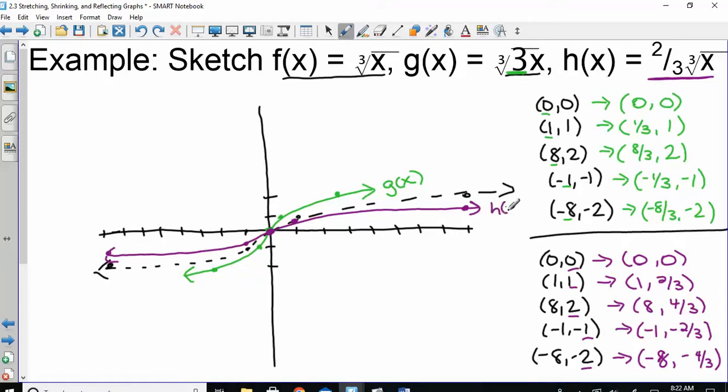So this one was a vertical shrink. We took our graph and we made it get shorter. Questions so far?